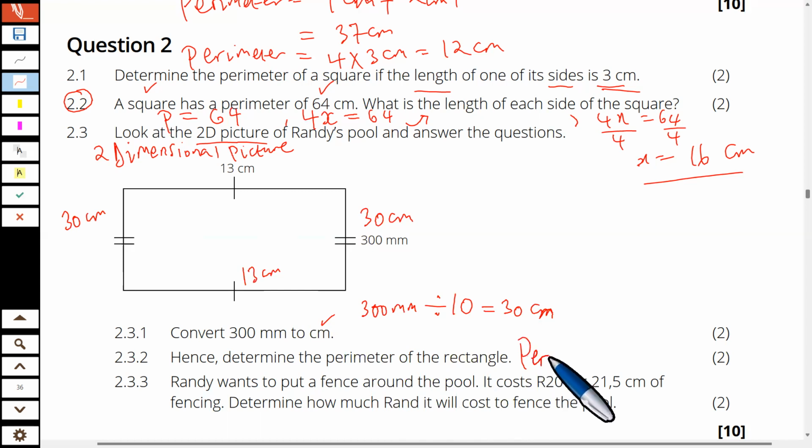The perimeter is the same as 2 into the sum of the sides. So it's 2 into 13 plus 30, which is 2 into 43. What is 2 into 43? It is 86.